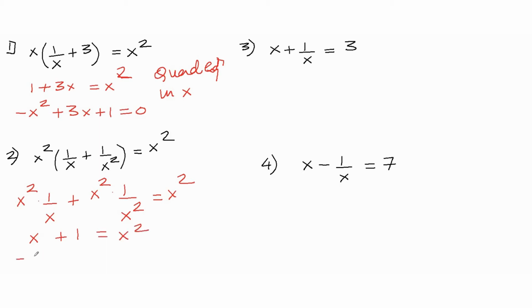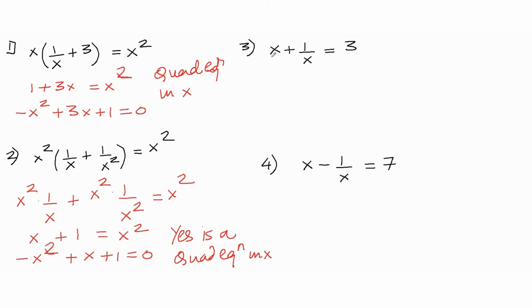Arranging all the terms on one side again, I get minus x square plus x plus 1 is equal to 0. So you will notice that yes, this is a quadratic equation, in the variable x, right? Because the highest power of x here is 2. Let's take a look at the third and the fourth one.